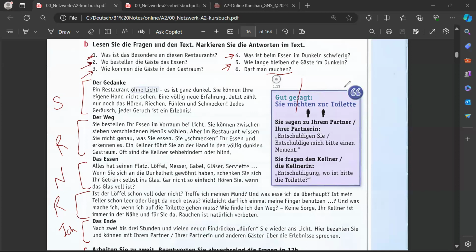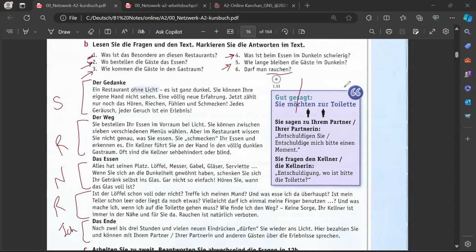Okay. Next, Nikita, please. Alles hat seinen Platz. Everything has its place. Löffel, Messer, Gabel, Flasche, Serviette: spoon, knife, fork, bottle, napkin. When you are used to the darkness, you pour your drink into your glass.